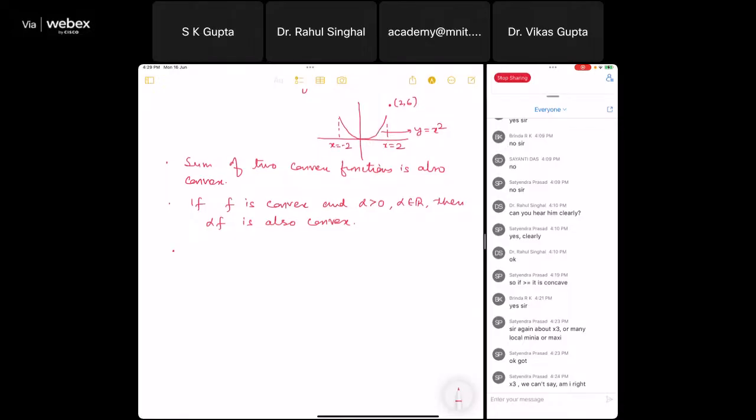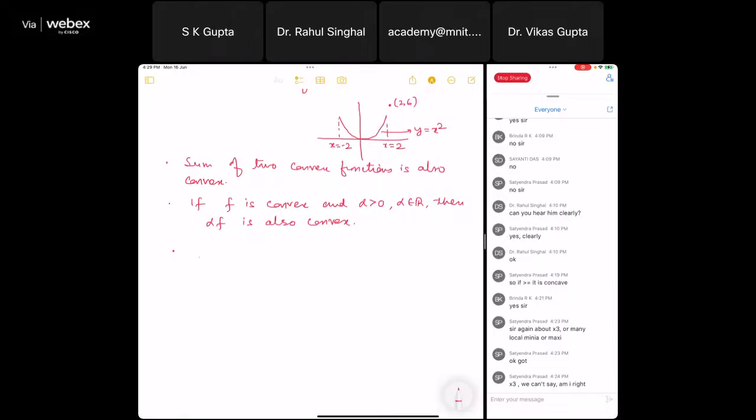Now if your function is twice differentiable, I am dealing with a very strong property of convex functions, which will be helpful in determining whether a given function is convex or not. That important property is based on the Hessian matrix.